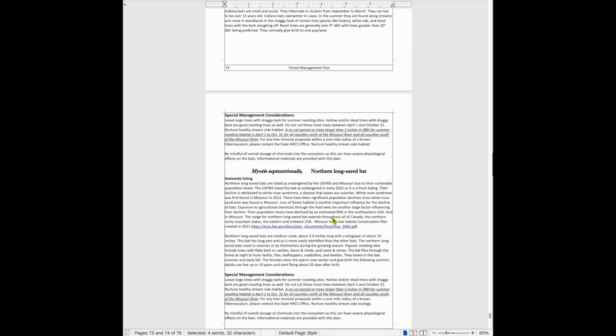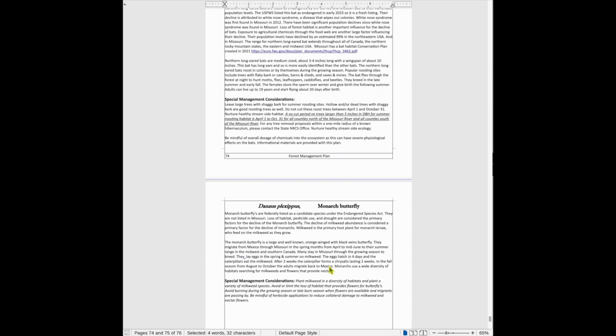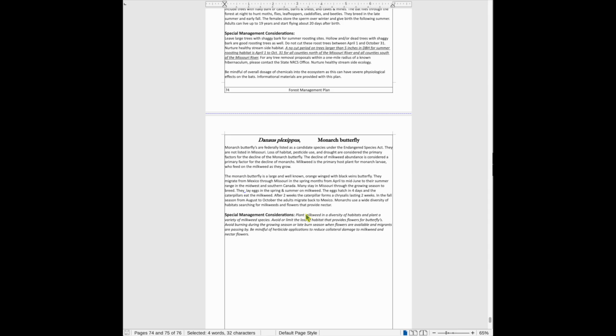The rest, beyond the bats, are the butterfly, and then there's bald eagles, a pretty popular one, and then usually fish if they're close to a stream. They don't necessarily have these strict EQIP policies, NRCS policies, but we do need to make sure that we're not doing anything to hurt them, and what are some things that we can do to help them.